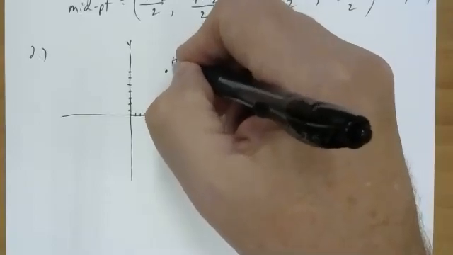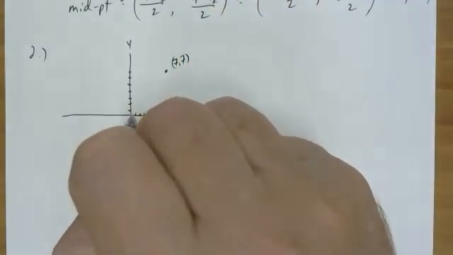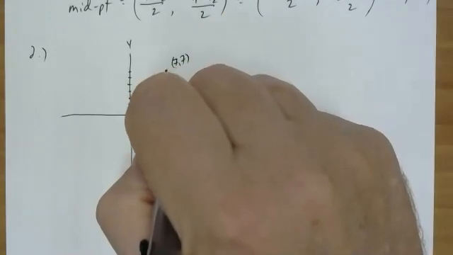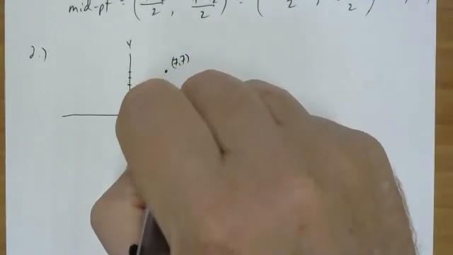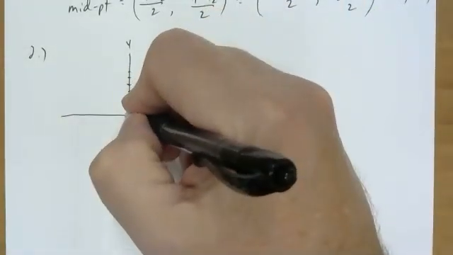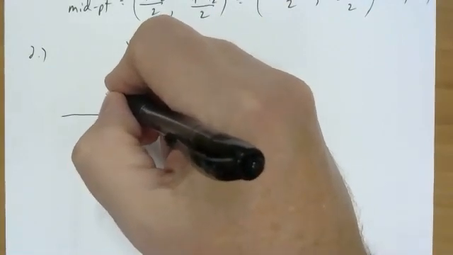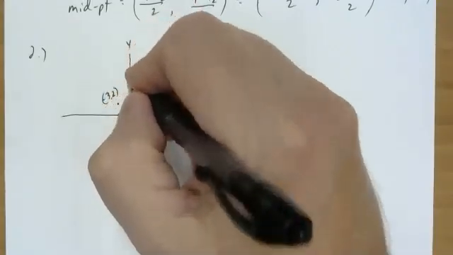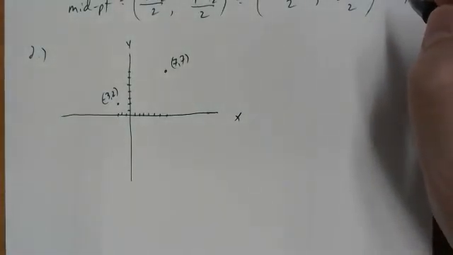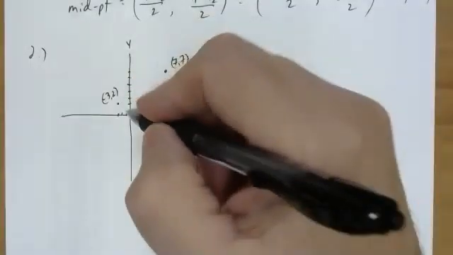So maybe there. Now, this on the perpendicular bisector, -3, 2, and 5, -4.